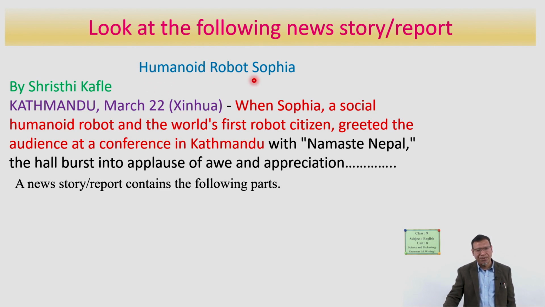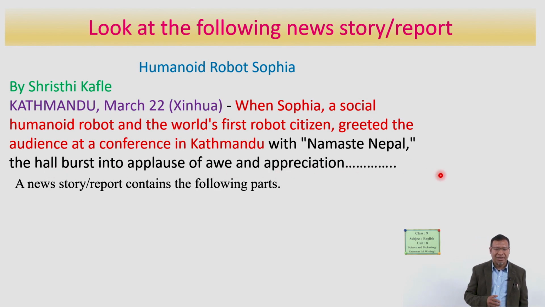The title is Humanoid Robot Sophia, then the reporter, Srishti Kafle, then the place and the time, and sometimes the news agency is also written. Again, this captures the main idea of the text. Then there are a lot of descriptions, which we learned in our previous class.